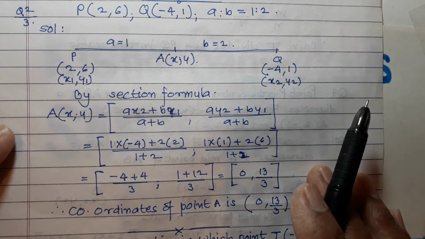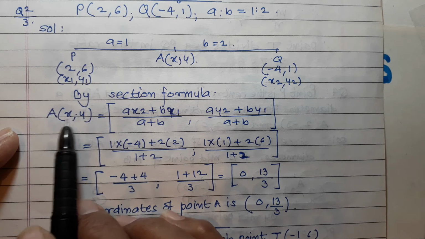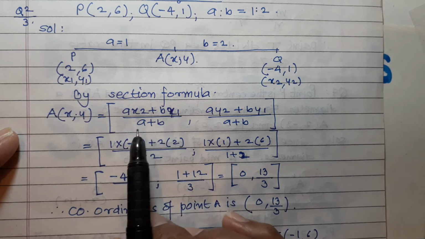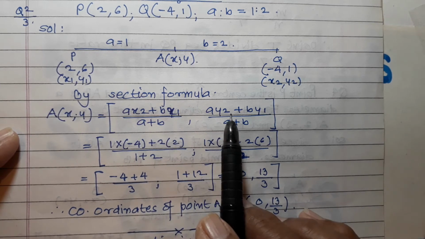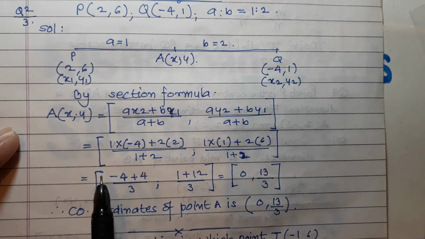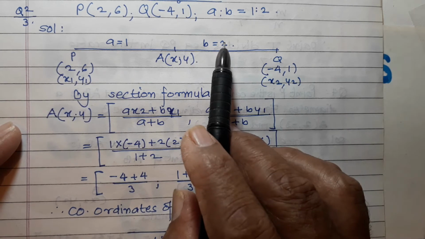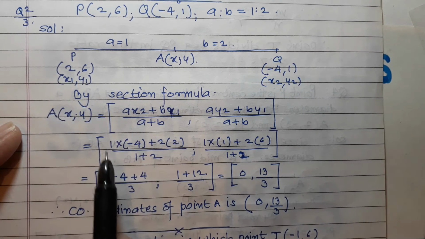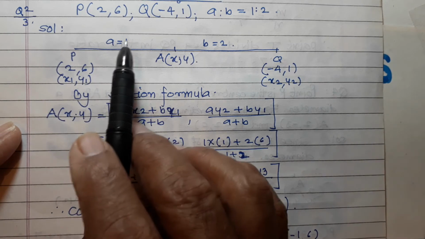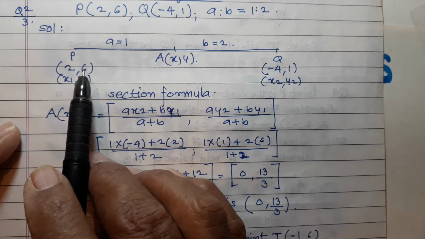Always write your formula. Now A(x1, y1) = ((a x2 + b x1)/(a + b), (a y2 + b y1)/(a + b)), and therefore 1 into -4 plus 2 into 2 upon 1 plus 2, and for the y coordinate you write down 1 into 1 plus 2 into 6.